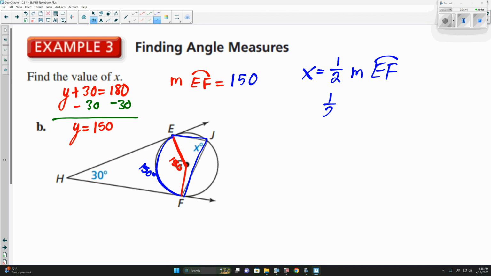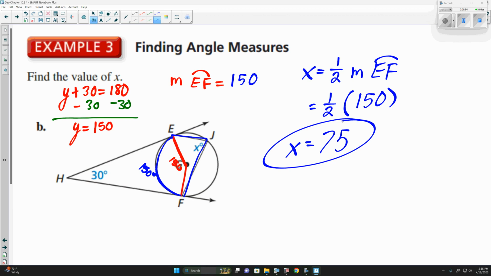Well, what is the measure of EF? It's 150, so it's half of 150, which is 75. So the measure of angle x is 75. So we had to find the central angle, or really find its arc, to be able to find the value we needed. So this here had another step that we had to go through. Any questions on this here?